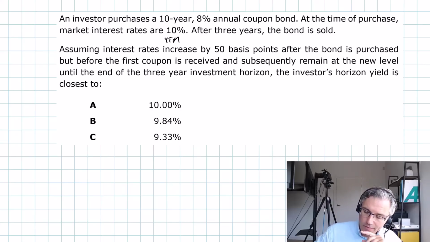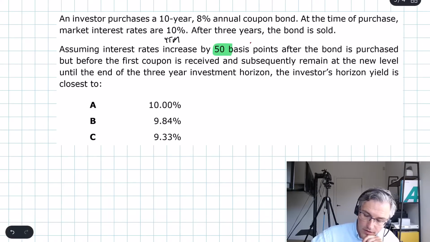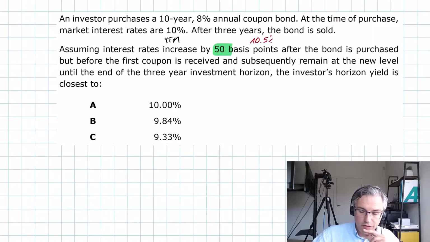But look, this time, assuming interest rates increase by 50 basis points after the bond is purchased, so effectively they go to 10.5%, but before the first coupon is received, and subsequently remain at the new level until the end of the 3-year investment horizon. The investor's horizon yield is closest to.